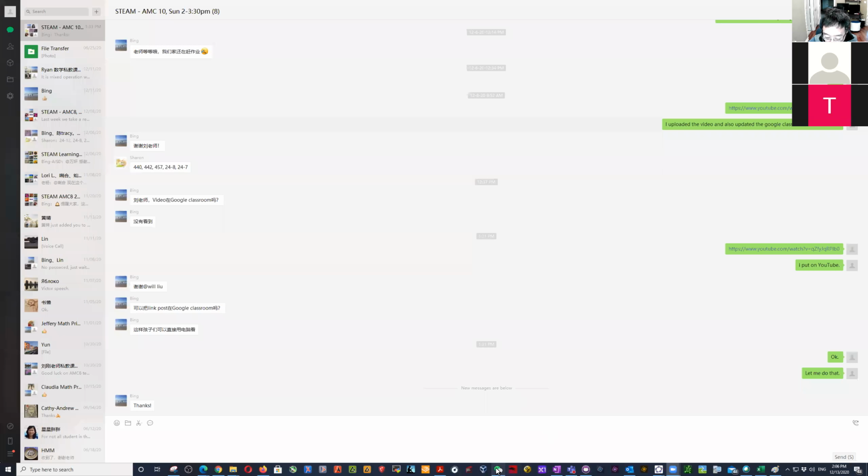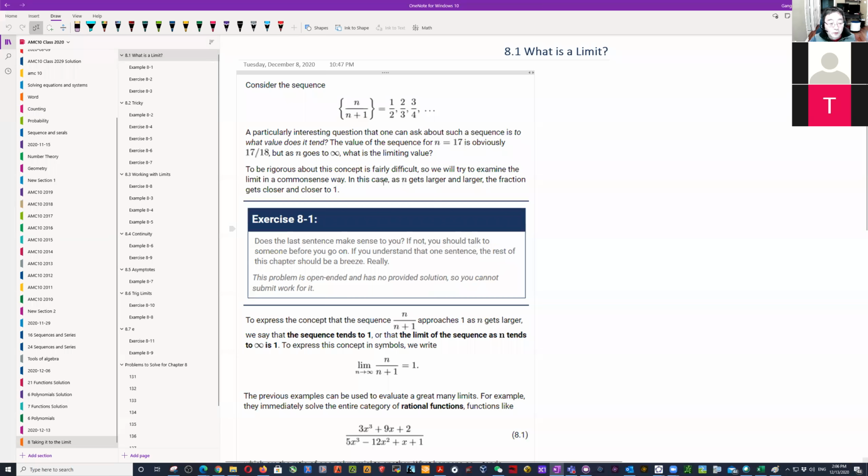So basically a limit, for example, if you have a number sequence, curly brace n over n plus 1, then it's the numbers 1/2, 2/3, 3/4, all the way to infinity.